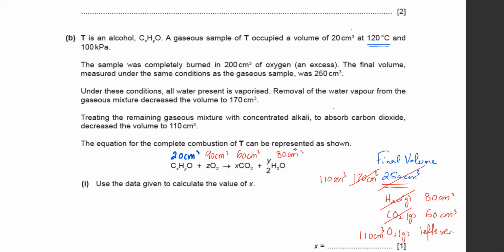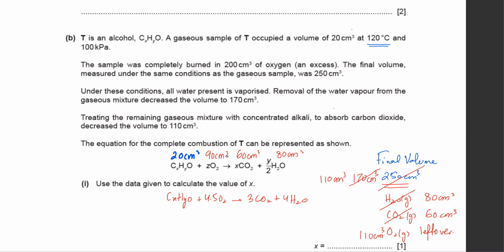If the first one is 1 mole, 1 molecule of CxHyO reacts with 4.5 O2s. That's 20 : 90, which is 1 : 4.5. The volume of carbon dioxide produced would be 3, and the amount of water would be 4.